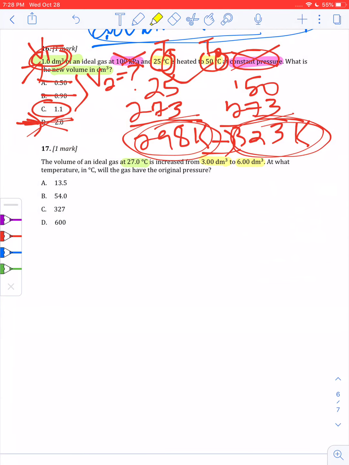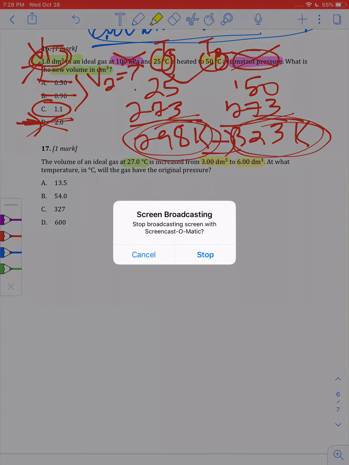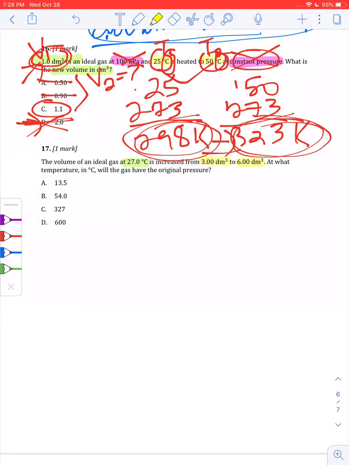Okay, so what you have to think about here, guys, is the fact that your volume's doubling, okay? You need to convert temperature to Kelvin before you do any calculations, so let's go ahead and do that. So 27 plus 273, so that's 300 Kelvin.